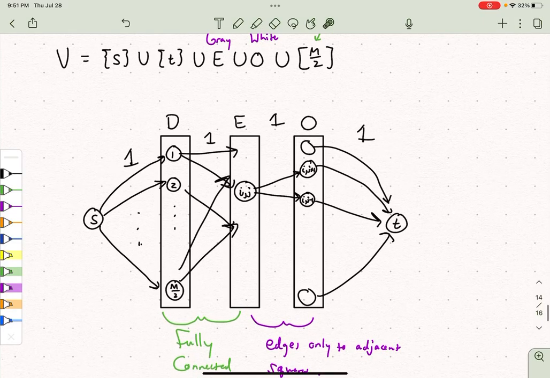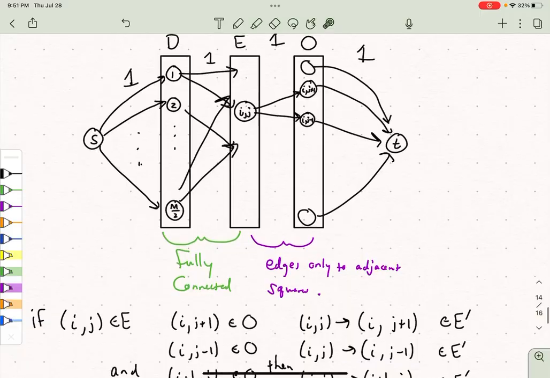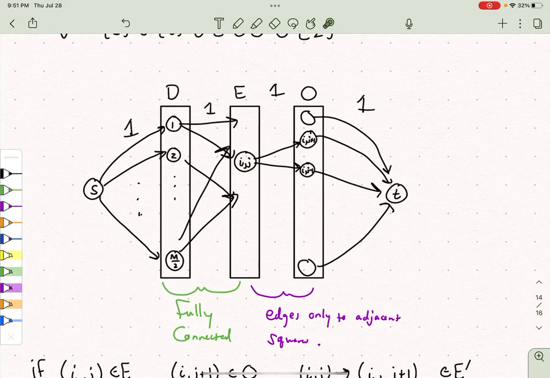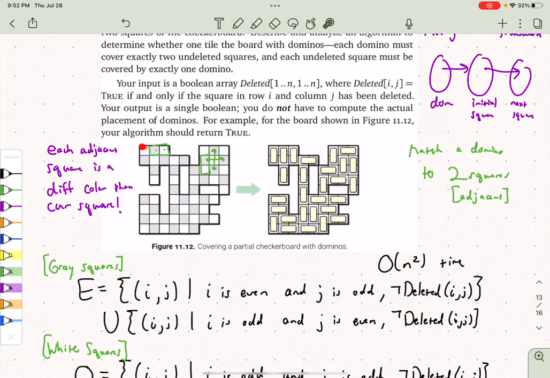And again, the idea is for each domino, we assign a domino to an even square and an odd square to cover, specifically an odd adjacent square. So we always imagine we start with even squares, and then we move to the odd ones. But this still covers all cases because, let's say for example, we start with an odd square.